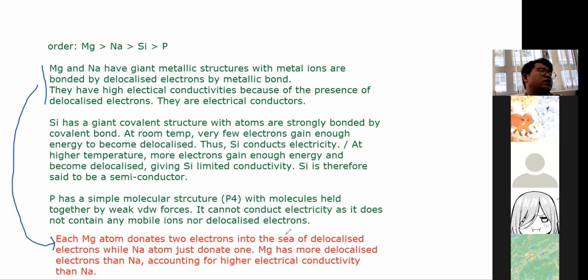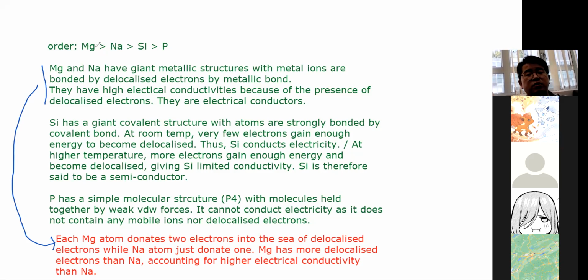But the green words should come first because it is the starting point for you to group the 4 elements into 3 groups. Each of the groups would have their own characteristics. So we start from this. If you write down the green one only, you would have the following conclusion, right?